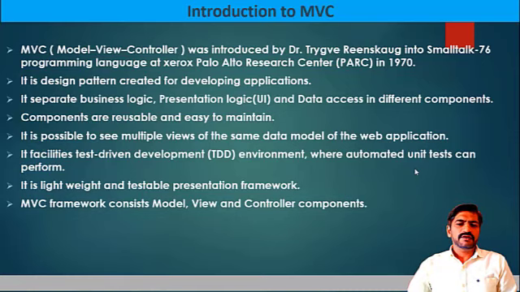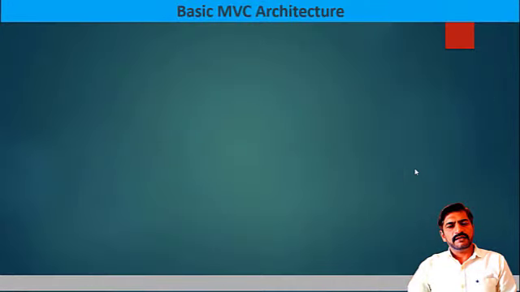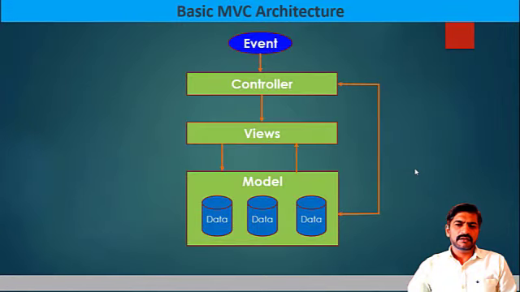So MVC consists of three basic components, that is the model, view and controller. So let's see the basic architecture of MVC. Here the controller, views and models are the three components of this MVC architecture.